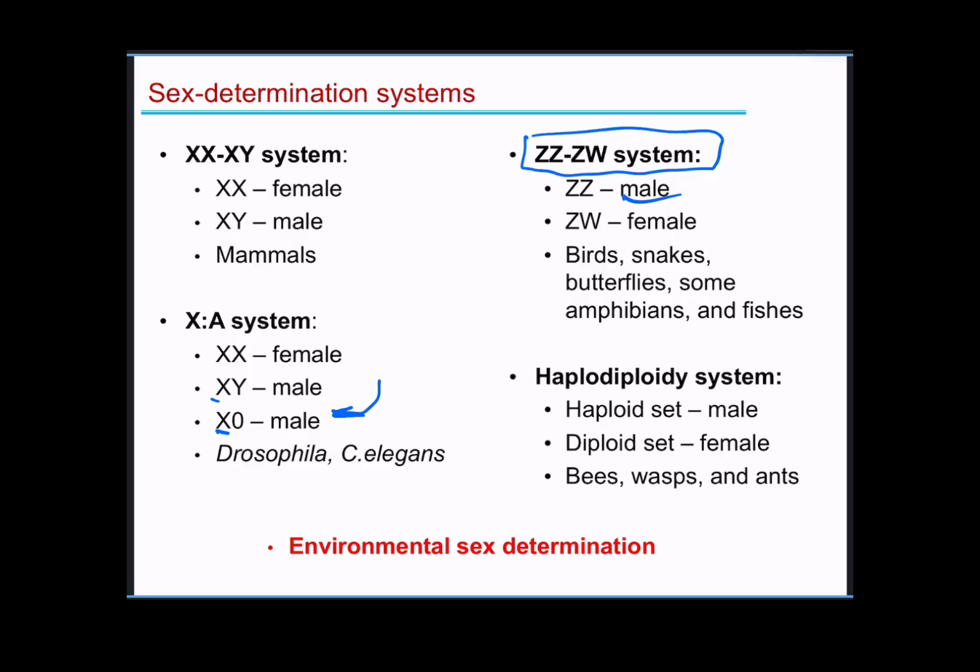There is some sort of initial trigger that will initiate a series of genetic events that lead to the development of anatomies and gametogenesis, or the ability to make one type of gamete or the other. But these are genes, right?